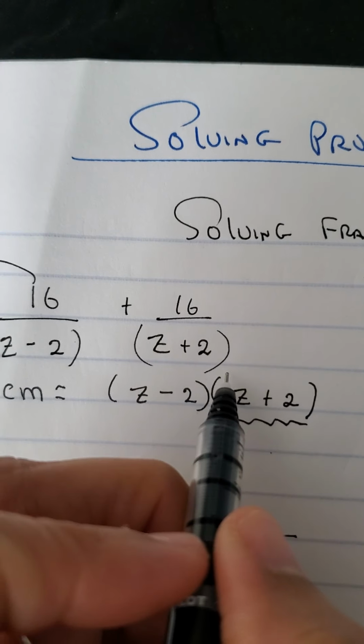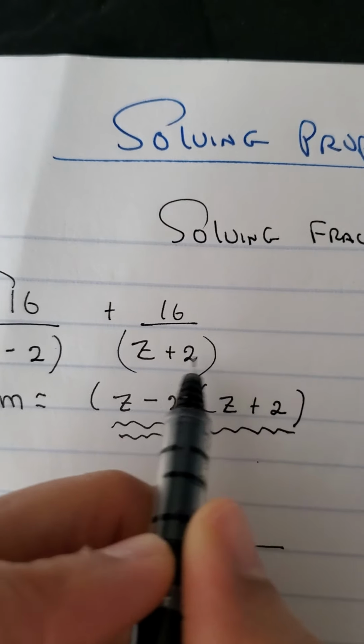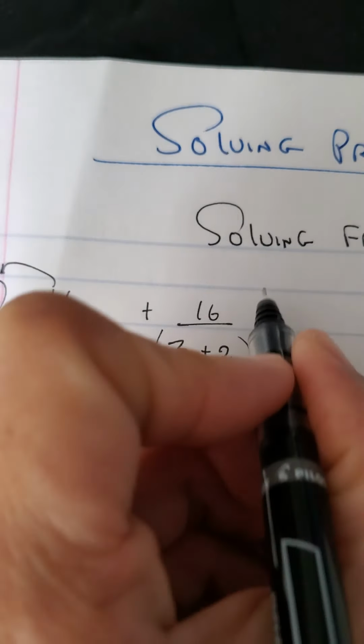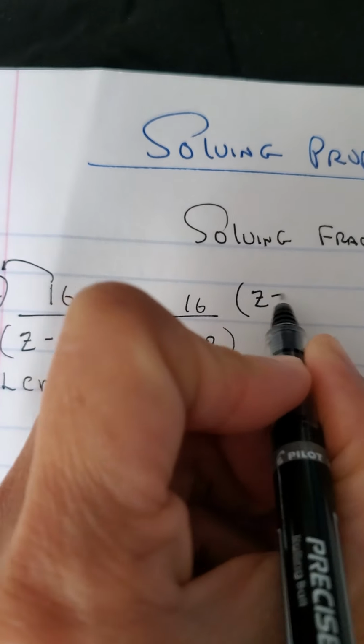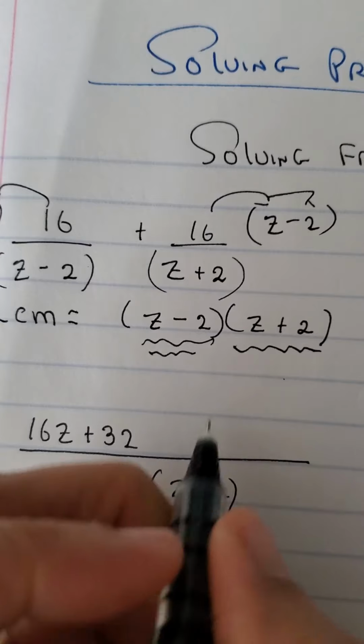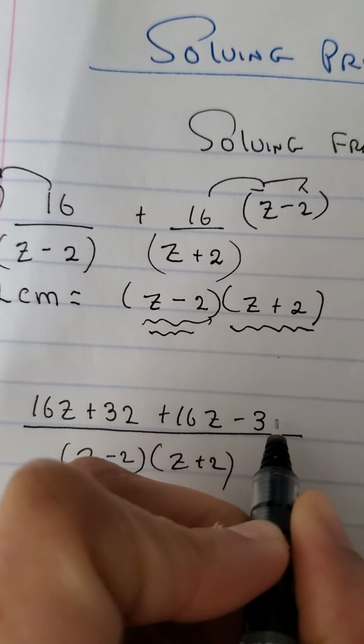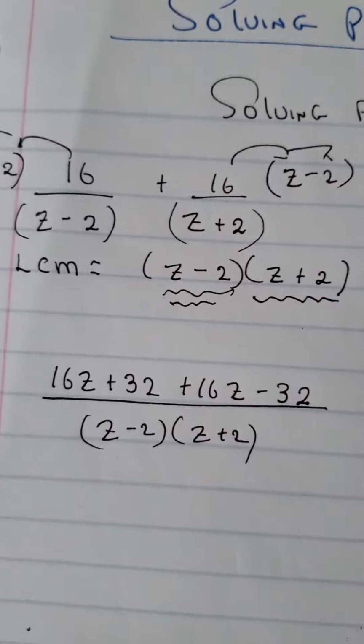And then we look at our other term, we see the missing factor is z minus 2 from the LCM. So we'll multiply the numerator here by z minus 2. And applying the distributive property, now we have plus 16z minus 32. All right.